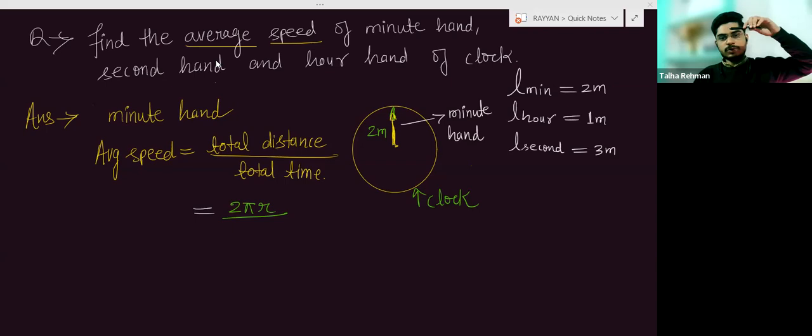Now you can see, this is the hand of the clock. The hour hand is here, and this time is 12 a.m. After that, what will happen? 1 a.m., 2 a.m., 3 a.m., 4 a.m., 5 a.m., 6 a.m. From here to here is 6 hours.